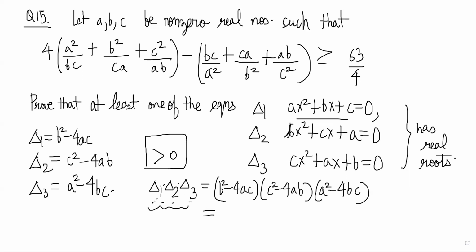If the product of the discriminants is greater than 0, you will be able to say that at least one of them has to be positive. All cannot be negative, right? Because if all of them are negative, the product cannot be positive. So I need to show that this product is greater than 0. I have this condition, right?